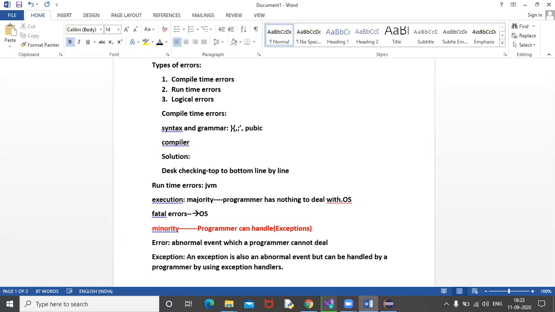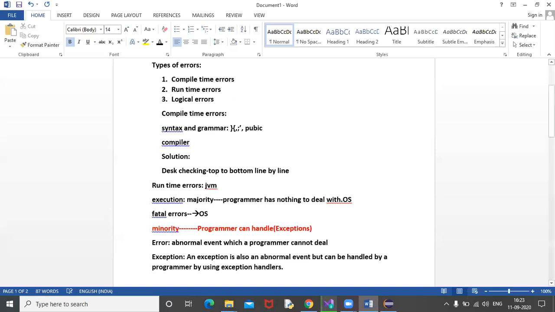JVM or no? Java Virtual Machine. Yes. Java Virtual Machine is going to notice these runtime errors. And the javac compiler is going to recognize the compile time errors.